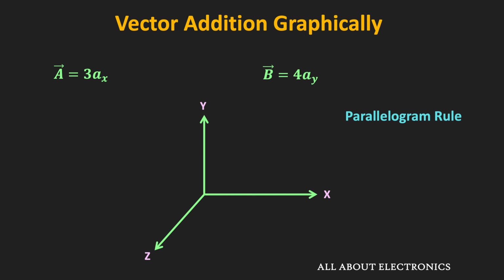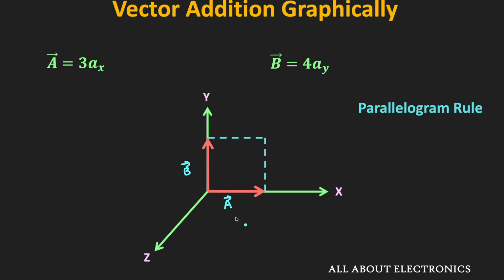So first, let us draw both vectors from the origin. Here, this is the vector a, while this is the vector b. Now we will complete the parallelogram by drawing the remaining lines. This line is parallel to the vector a and it is of the same length as the vector a. Similarly, this line is parallel to the vector b and also of the same length as the vector b.